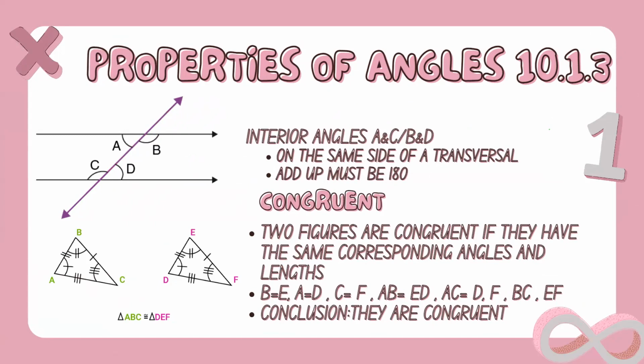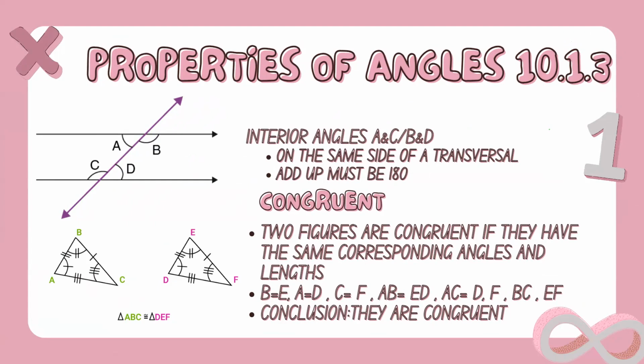Interior angles are on the same side of a transversal, and for example A and C added together must be 180 degrees. Congruent: two figures are congruent if they have the same corresponding angles and lengths.